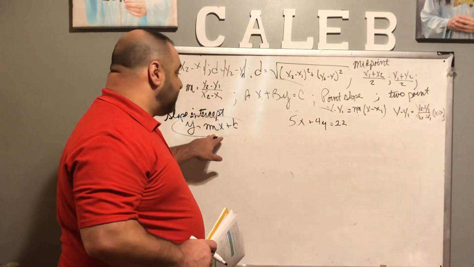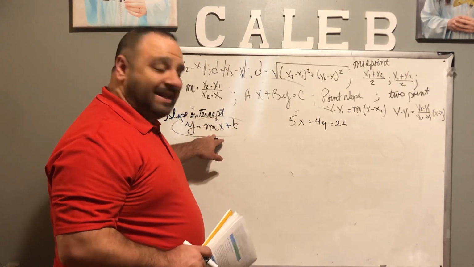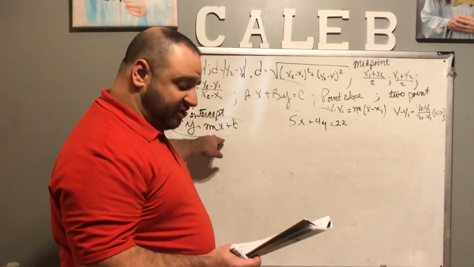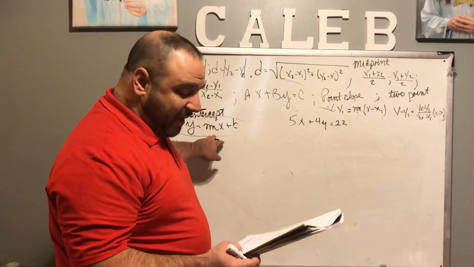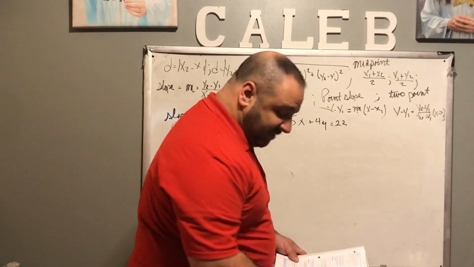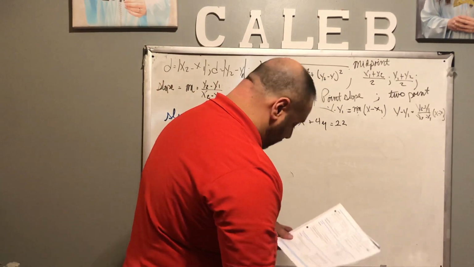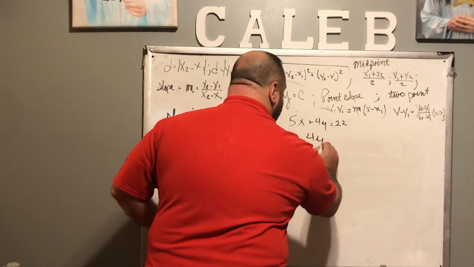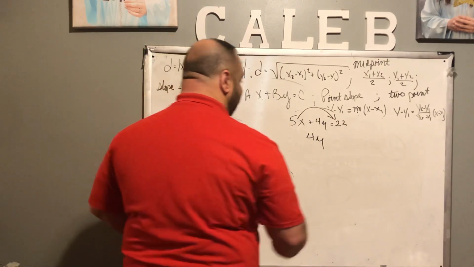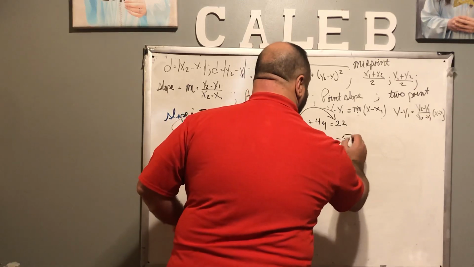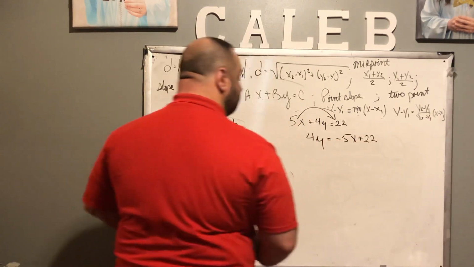Again, we're going to put this in slope-intercept form. For y, let's get 5x over here, so apply the subtraction axiom of equality: 4y equals negative 5x plus 22.